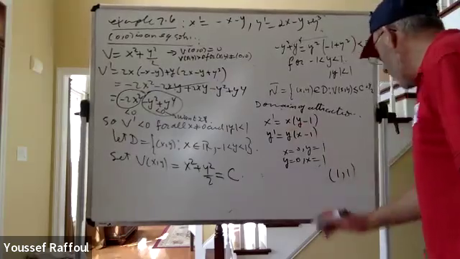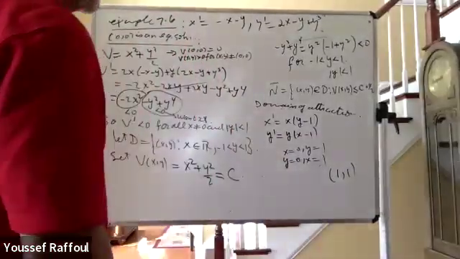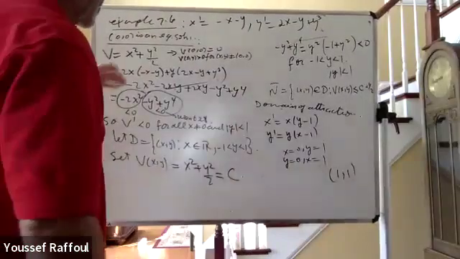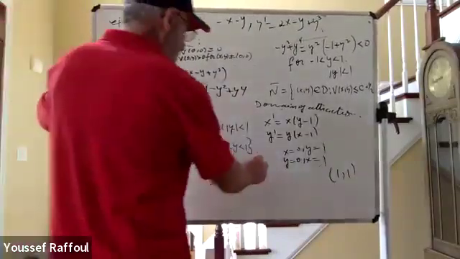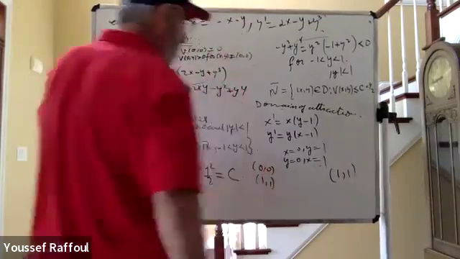So we have (1, 1), correct? And we have (0, 0). So the critical points are (0, 0) and (1, 1). Correct?